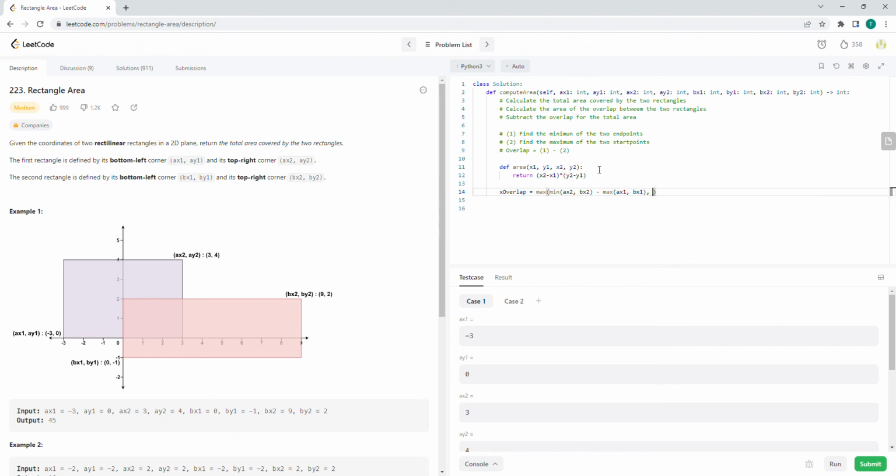Obviously, we have to take care of the edge case where we have an overlap of 0 as well, so therefore we make it up to 0. So either we find a maximum or it's 0. It can't be negative.